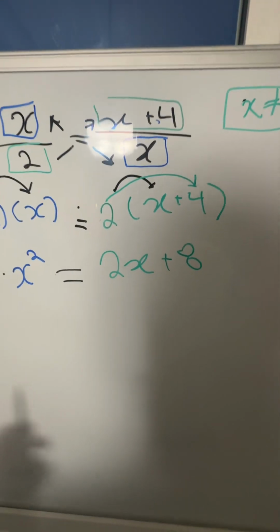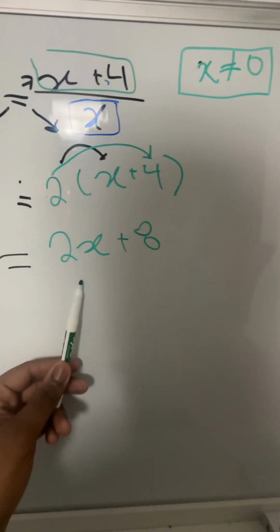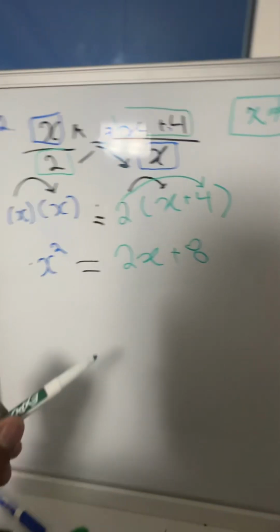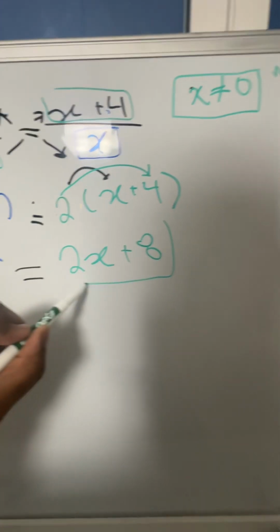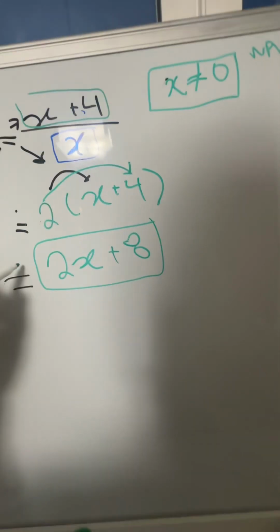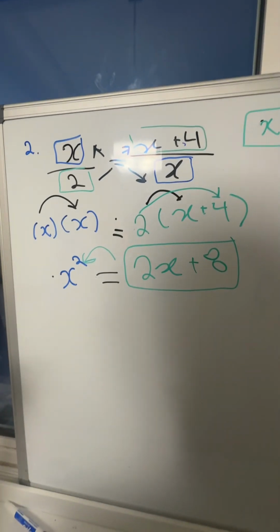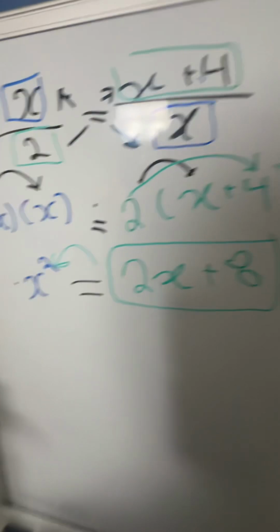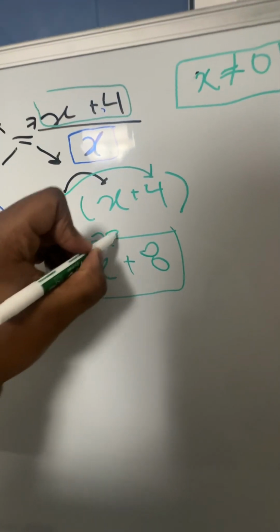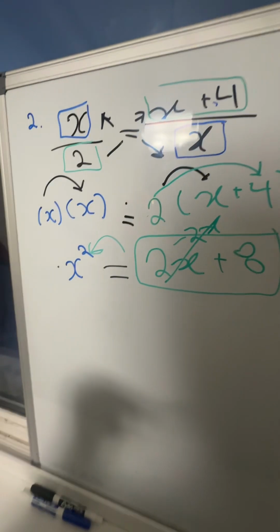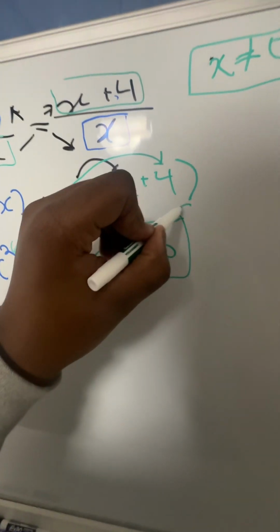So in this case, you don't really have like terms, right? So you're gonna move everything on this side to this side, so your equation can equal 0. To get rid of 2x, you subtract 2x, cancel it out, and then to get rid of 8, you subtract 8, cancel it out.